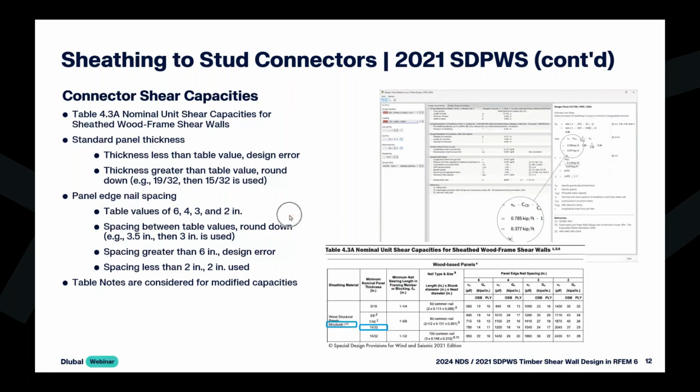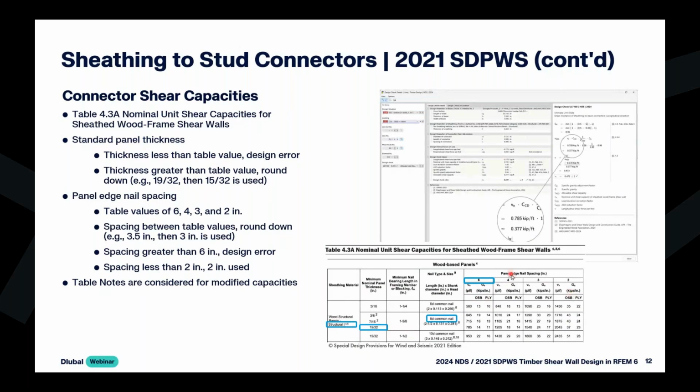Now, we also talk about our nailing itself. So we start off with first the size of our nail. In this case, it was 8D. And then you will notice that we have the different spacings in the columns here. So the only spacings that are given are 6, 4, 3, and 2.